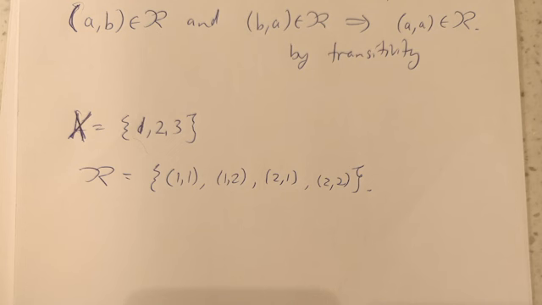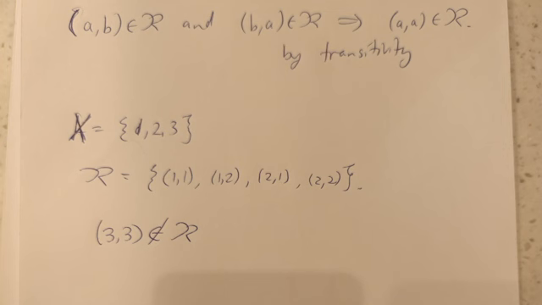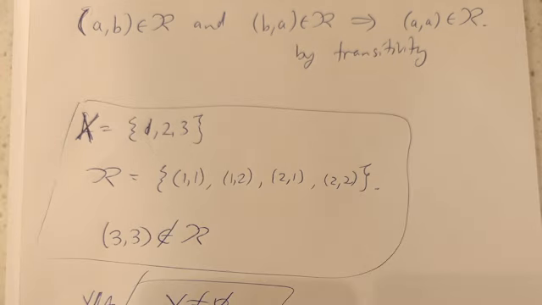If you check, this is symmetric, it's transitive, but it's not reflexive because (3,3) is not in the relation. So that's why symmetric and transitive does not imply reflexive, because there may be some element of X that is not even involved in the relation at all.